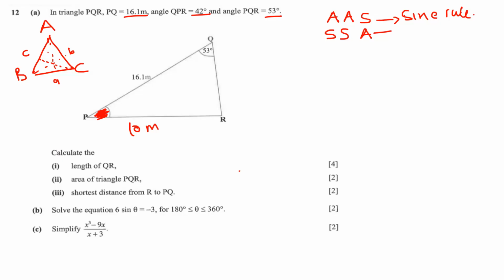The capital letters represent angles. So the sine rule generally is a over sine A equals b over sine B equals c over sine C. So these sines are of angles, and of course on top the small letters, which are lengths.